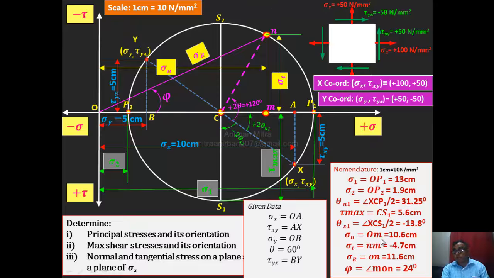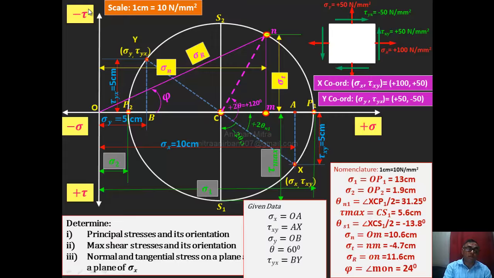Now remember, this is a very important thing. OM measures 10.6 centimeter, so you have to multiply by 10. But NM I have written here as minus 4.7. Can you tell me why it will be a negative value? I think we already explained it. The tau is along the y-axis and the sign convention of tau is exactly opposite to the conventional one.